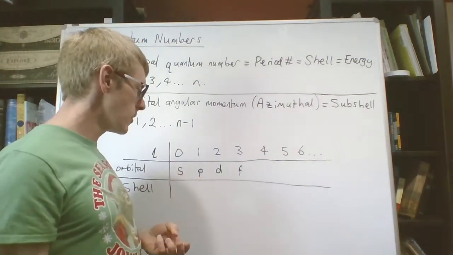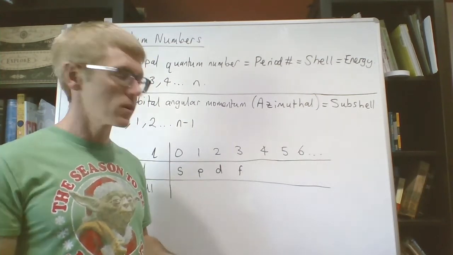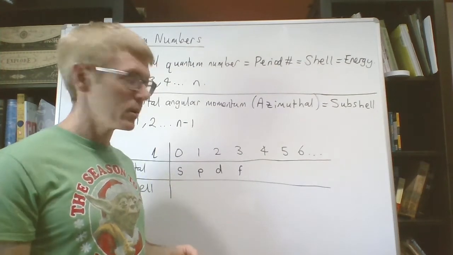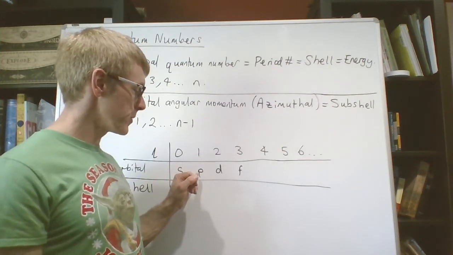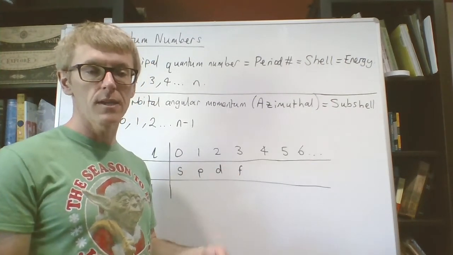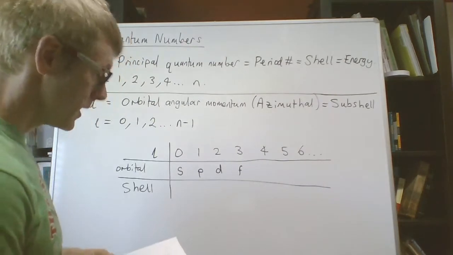We'll see later, these names, they're not logically named, they're historically named. S is named after sharp. So we have sharp, principal, diffuse, and fundamental. Again, they're historical in origin, not logical in origin.